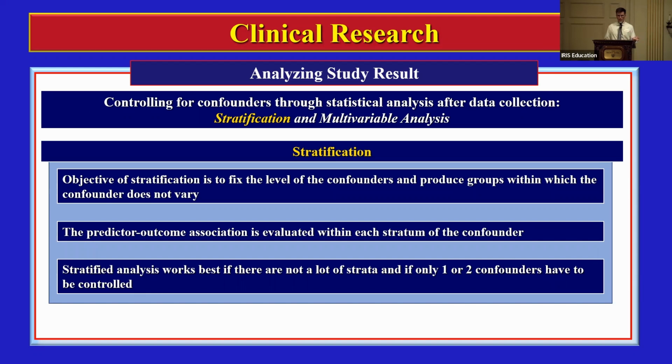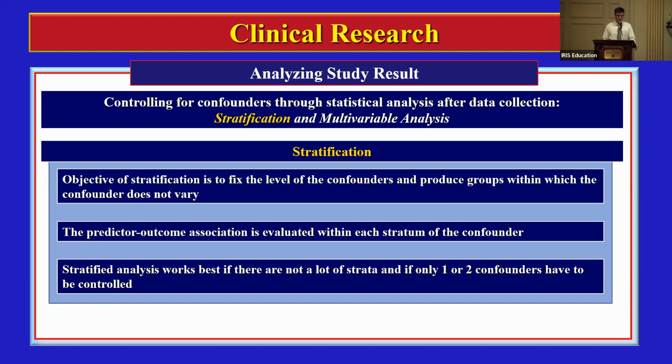One stratum will have patients with that confounder, and the other stratum will be patients without it. Once you stratify your data, you assess the predictor outcome relationship. Stratified analyses are useful when there's only one confounder you're trying to control for, but once you introduce more confounding variables, they're not very suitable.